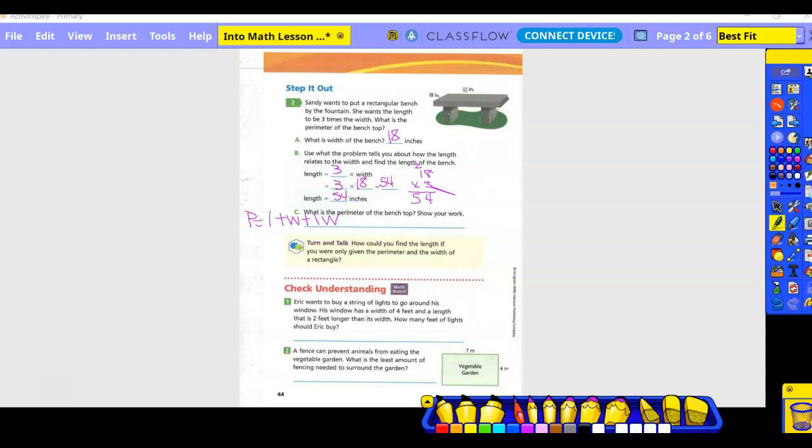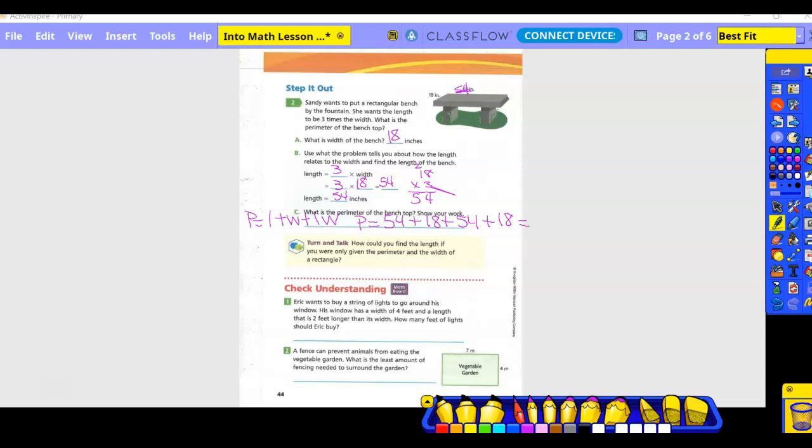We need to plug in our length and our width. We know that our length up here is 54, right, guys? So what's our length? 54 plus, what's our width? 18, plus our length again, plus our width again.